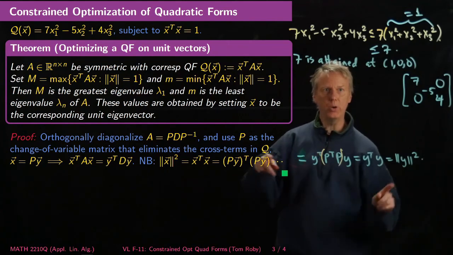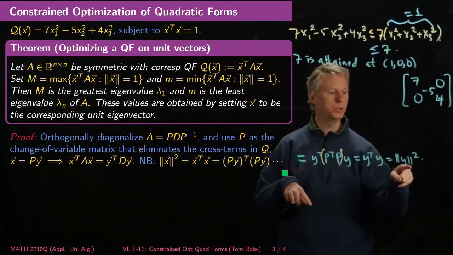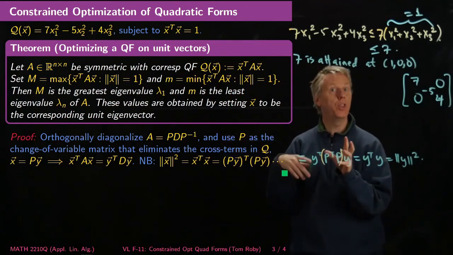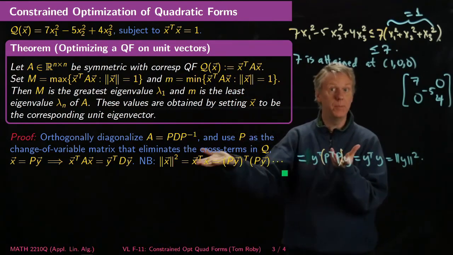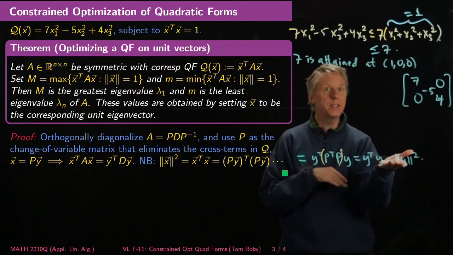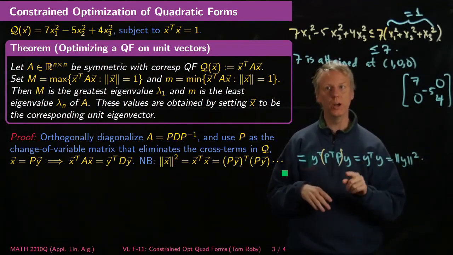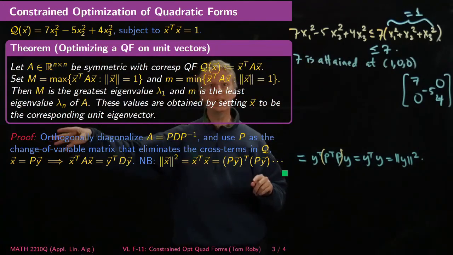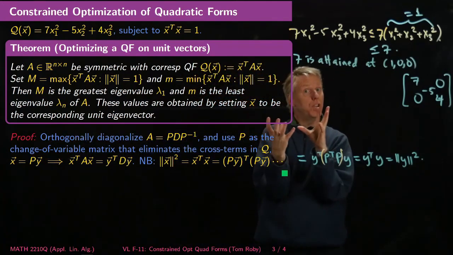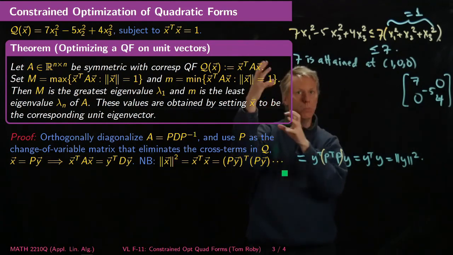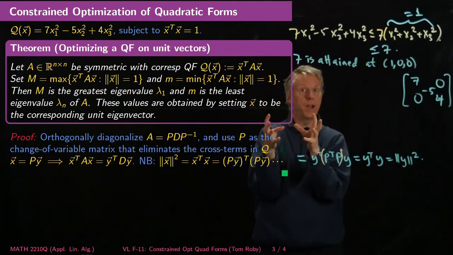So this chain of equalities shows me that the norm of x squared is equal to the norm of y squared. So if I'm only interested in maximizing on things whose norm is 1, same thing as whose norm squared is 1, that's the same thing as the set of vectors y whose norm is 1. So when I do this change of variables, it doesn't change where the unit sphere is. That's a way to think about it geometrically. All it's doing is moving the unit vectors around.